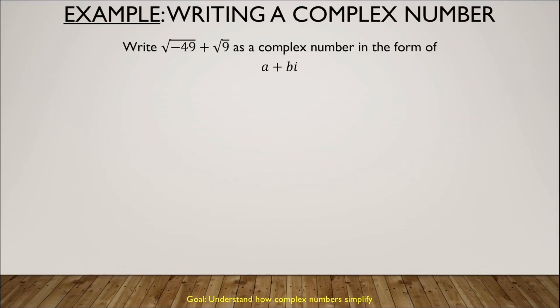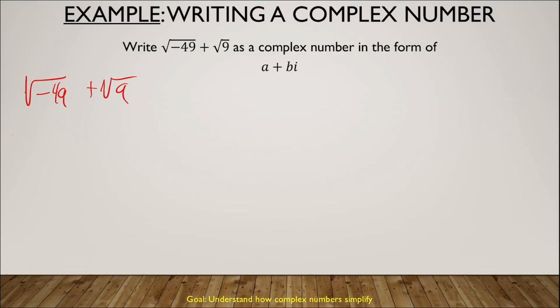Now writing a complex number. So we want to write the square root of negative 49 plus the square root of 9 as a complex number in the form of a plus bi. Okay, so we're just going to break these down.